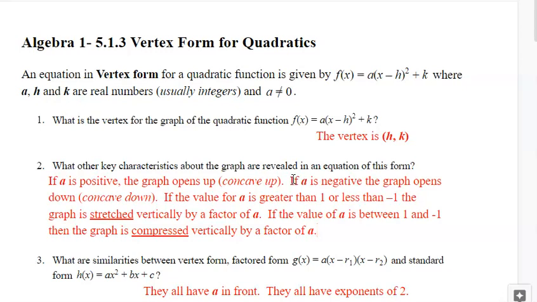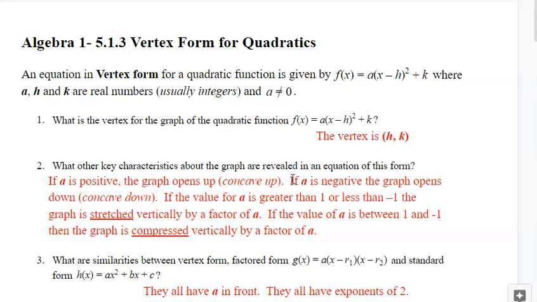You'll notice that in the vertex form you see the exponent of 2, and in the factored form you may think, well, the factored form doesn't have an exponent of 2. I guess you're technically right, it doesn't show the exponent 2, but x times x will give you x squared.